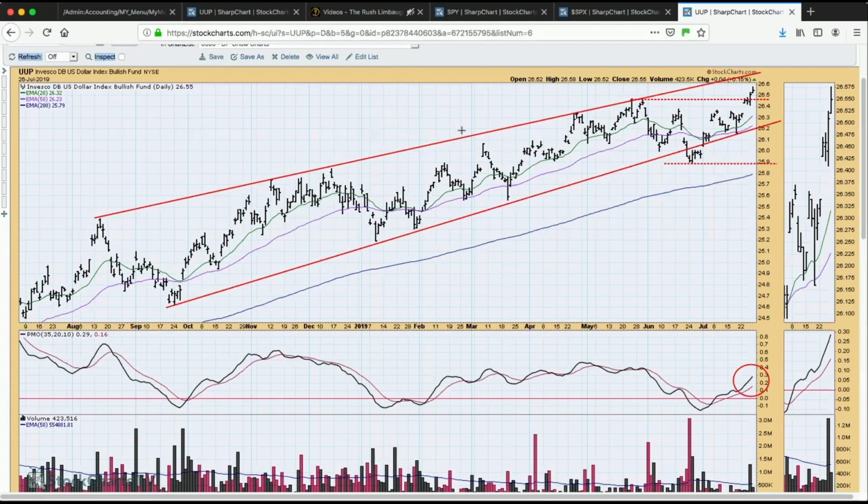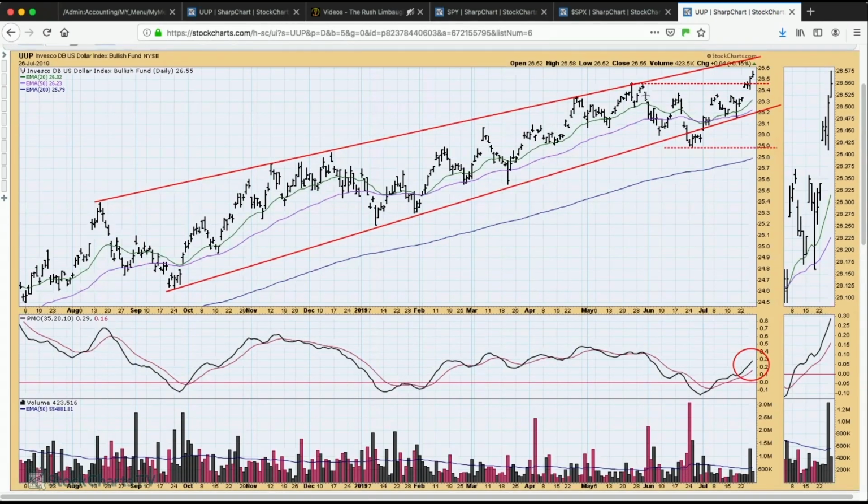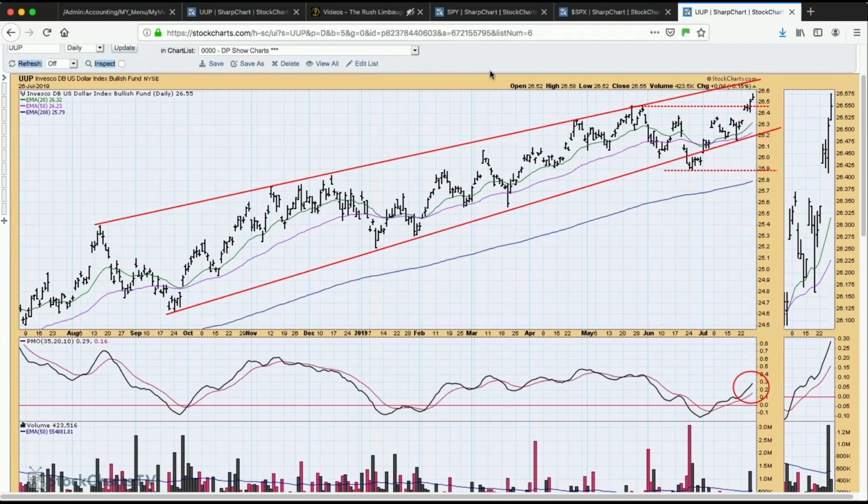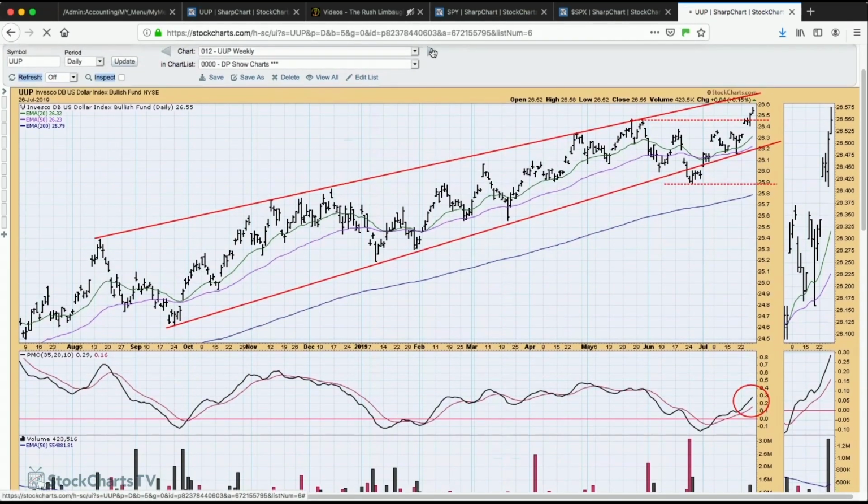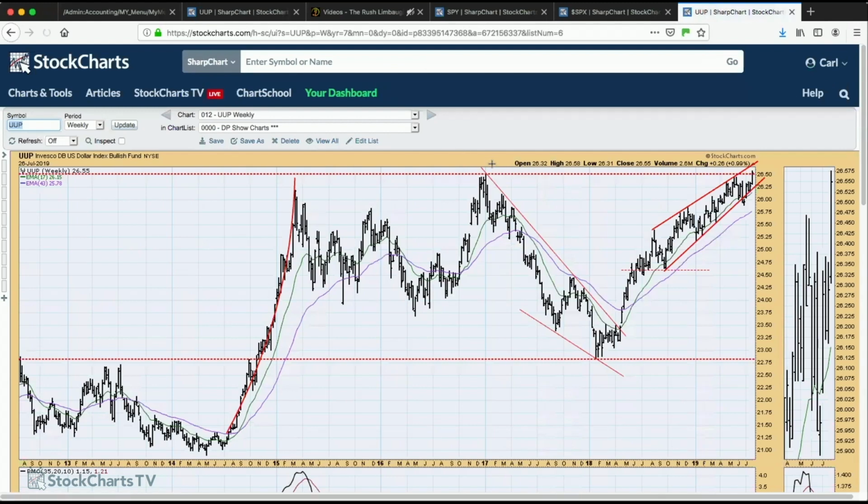Okay, what we have now is the dollar ETF, and it's breaking into new highs. Notice there's a line of resistance that it has just gotten through this week, and it's kind of a long-term one.